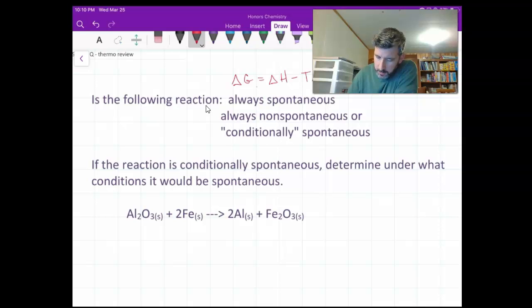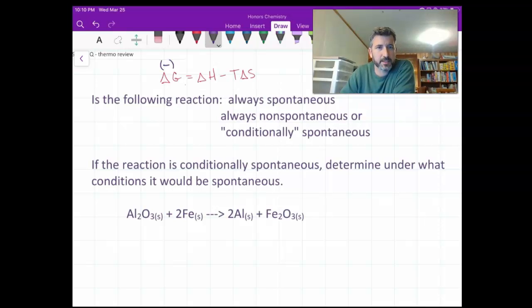And that equation hopefully makes a little bit of sense with what I just said, because if we need delta G to be negative in order for the reaction to be spontaneous, let's say that we have a negative delta H. So negative 700 kilojoules or whatever it is.